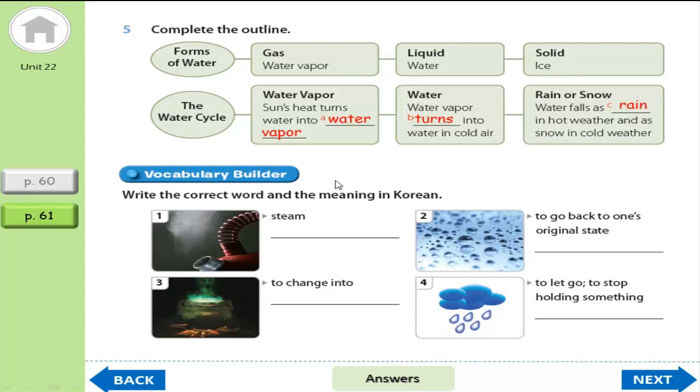Now about the vocabulary builders. Write the correct word. So now look at the picture. Yes, we can see the gas that comes from the water, and the word here is steam.